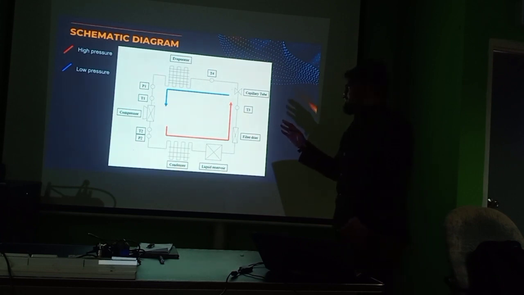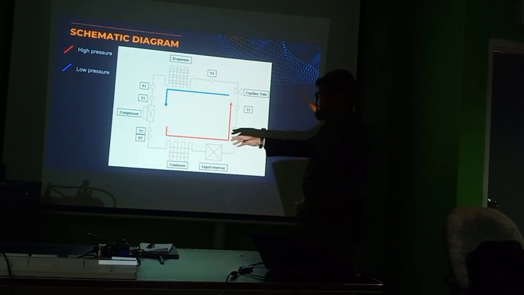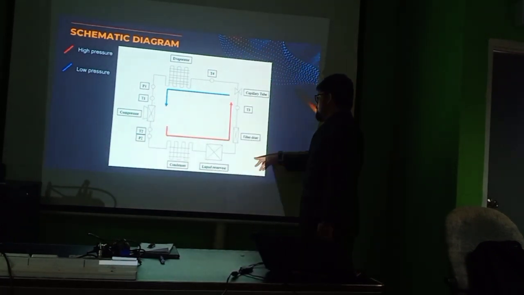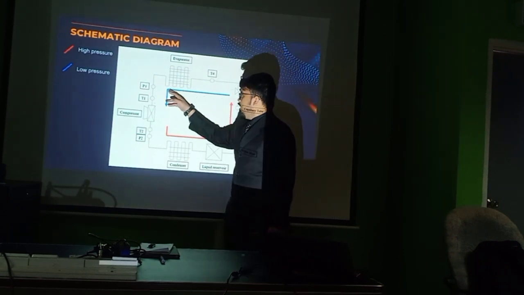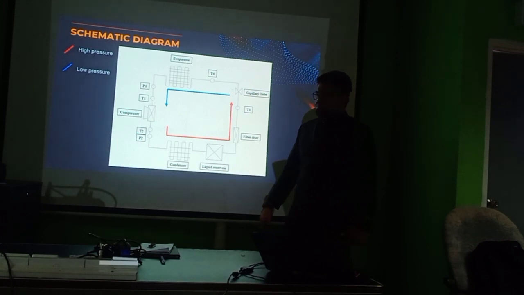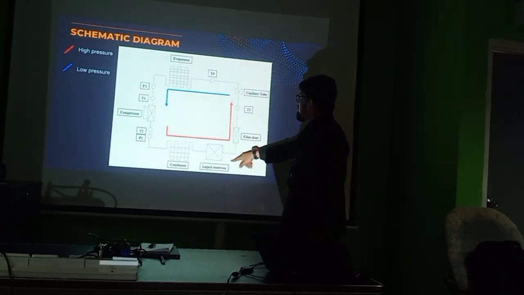This is the schematic diagram. This is the compressor, and then condenser, liquid reservoir, filter dryer, capillary tube, and evaporator. These are the most important components in the VCR system. The red line is the high pressure.